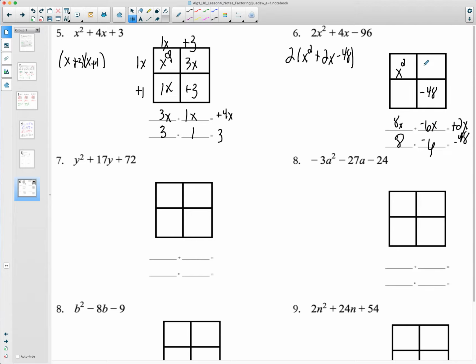All right, so I'm going to drop our 8x into this box. All right. And I'm going to drop our negative 6x into that box. Now, vertically, our GCF is a positive 1x. Here, our GCF is a positive 8.